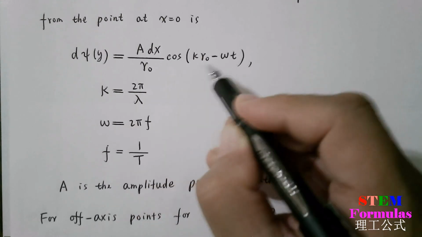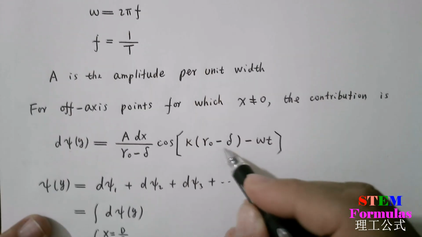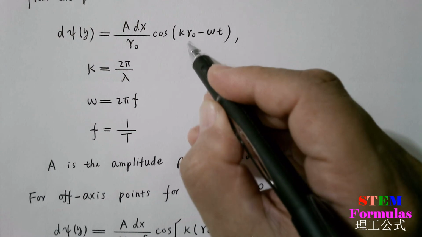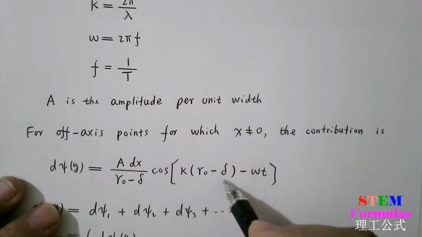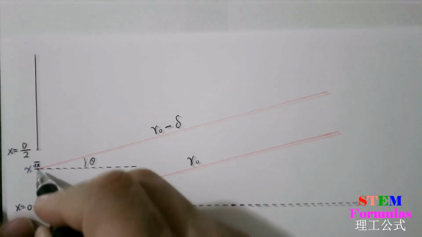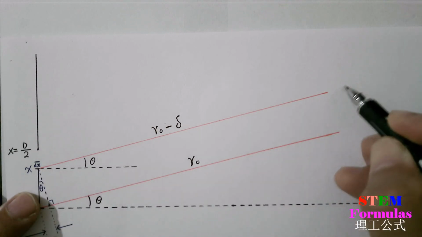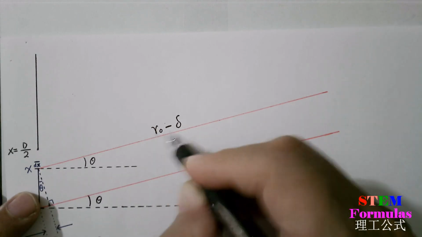I replace r0 with r0 minus delta. So at any point, the distance from this point to the viewing point y equals r0 minus delta.